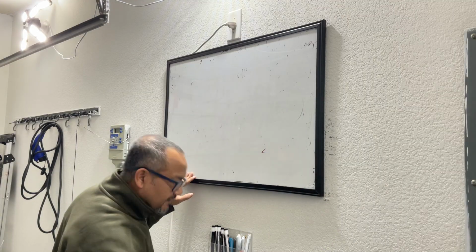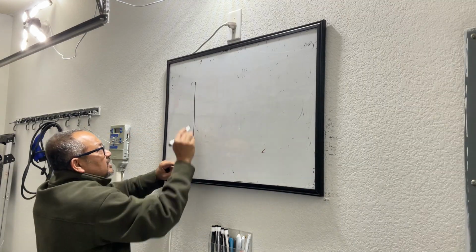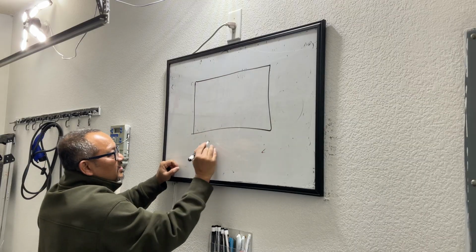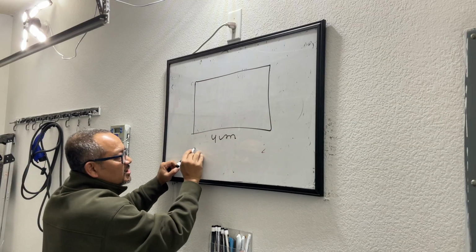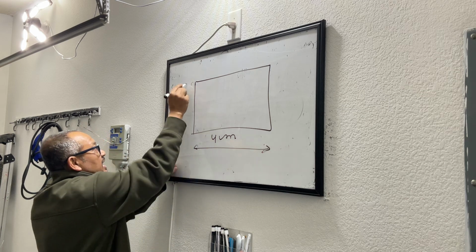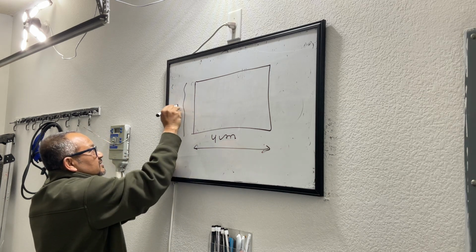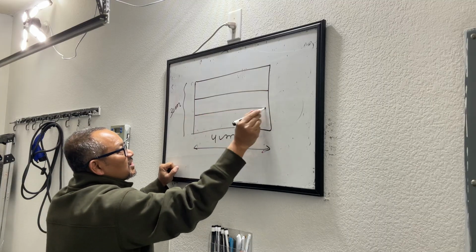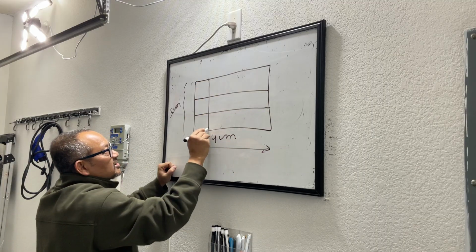Let's say if I have a rectangle which is 4 centimeter long, here to here it is 4 centimeter, and here to here 3 centimeter. What I will do is, I will break this into 1 centimeter squares.